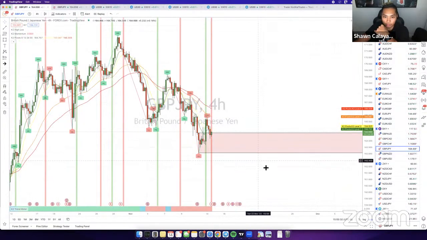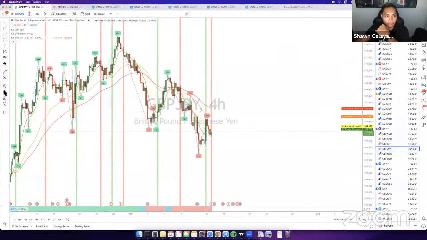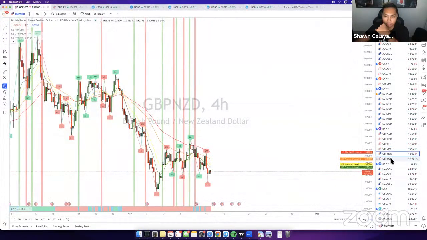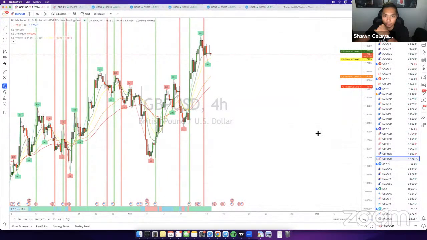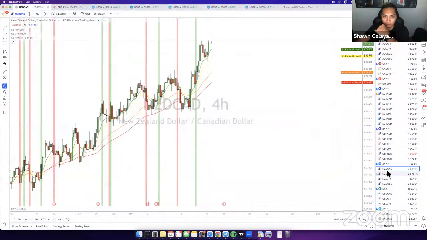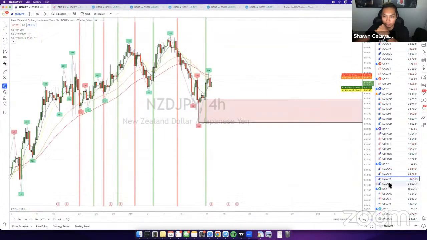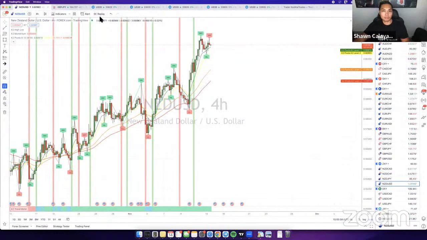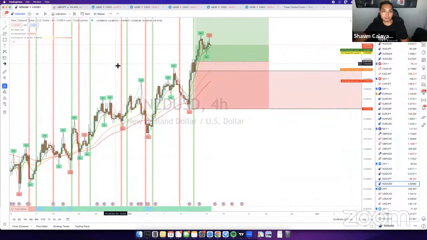GCHF, GJ. This doesn't meet criteria. GN, GU. No, that doesn't meet criteria. Nothing there, nothing there, nothing there. All right, so I don't see anything here on the 4-hour. Let's leave that alone.